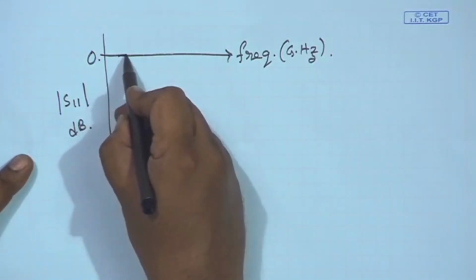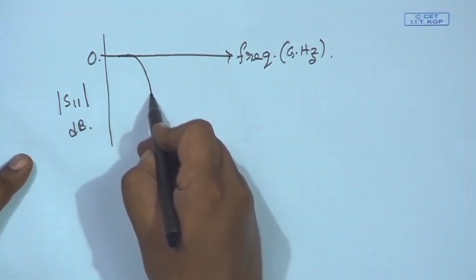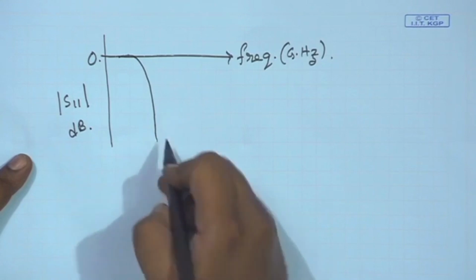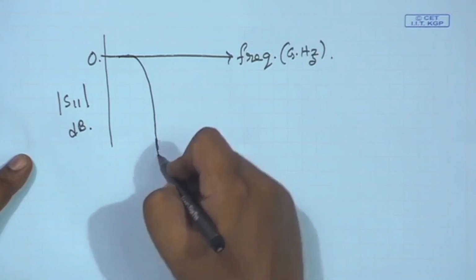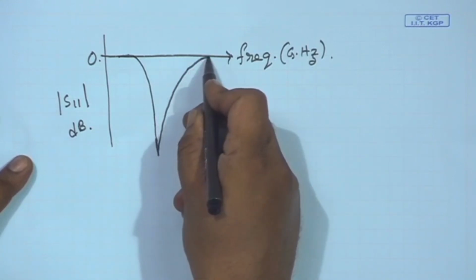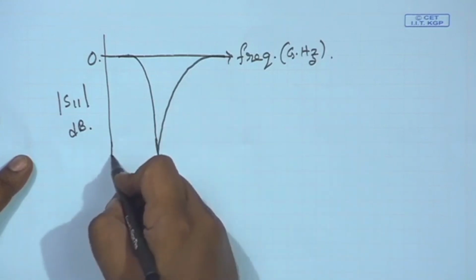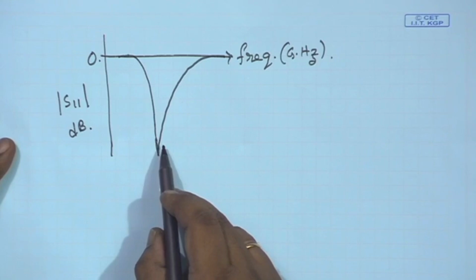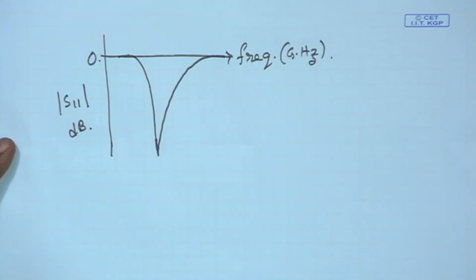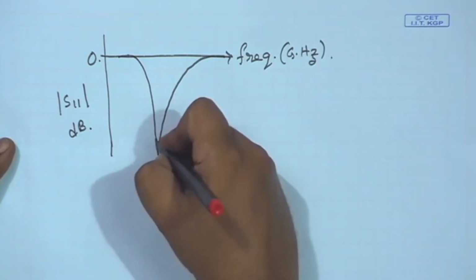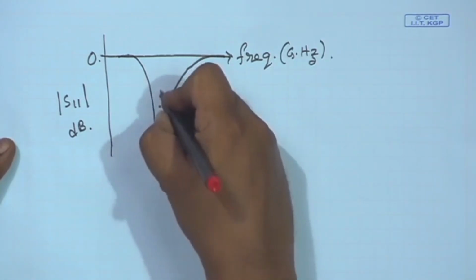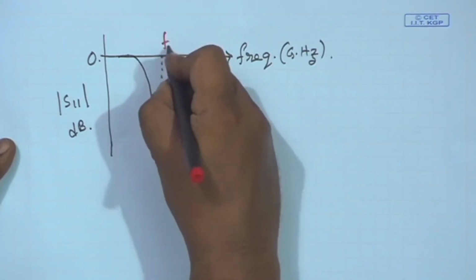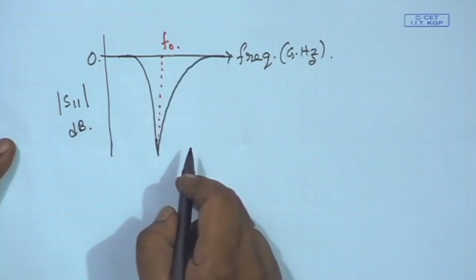Now, if the antenna accepts power, then we have some negative value of S11. So, let us say we have measured S11 or simulated the antenna structure, and from that we have knowledge of S11, and when we plot it, it looks like this. This we call the midband frequency of the antenna, where it accepts maximum power.